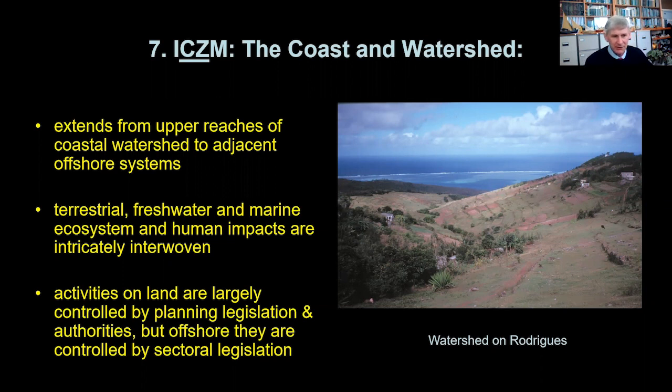So it encompasses the terrestrial, the freshwater, and the marine ecosystem. And of course, what's important are all the human impacts that occur during that journey from the top of the watershed to beyond the reef in this example.